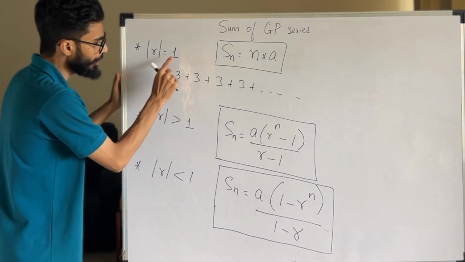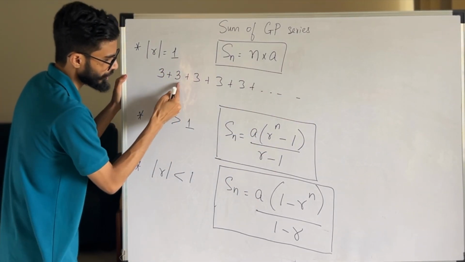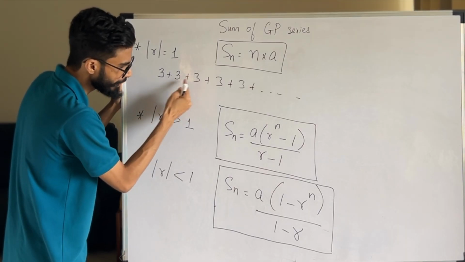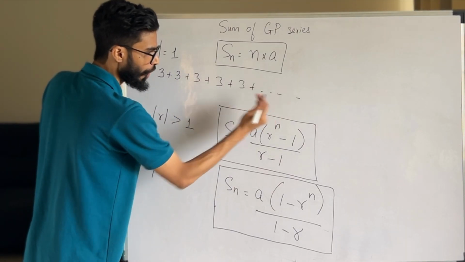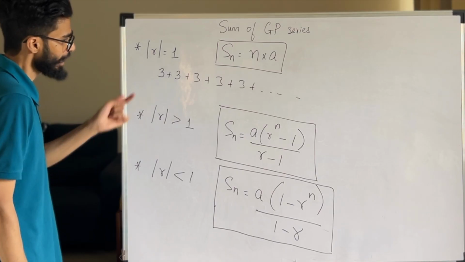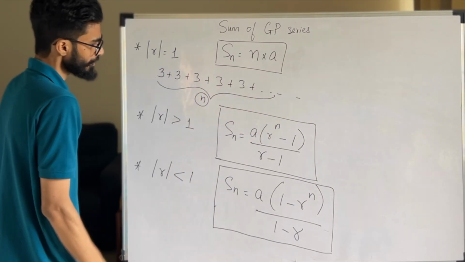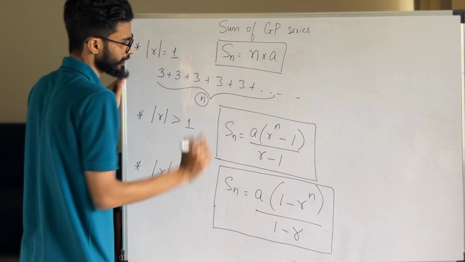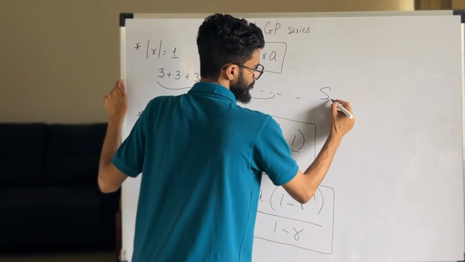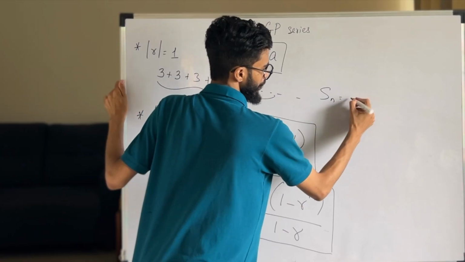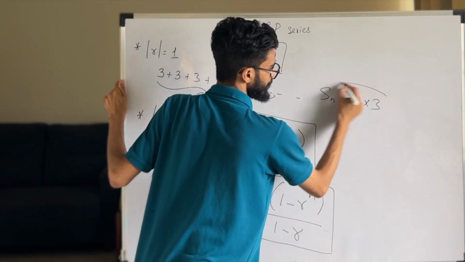Because my common ratio has to come to 1. So 3 by 3 is 1, 3 by 3 is 1, and so on. So if these are my n terms and 3 is my first term, my sum will be n times 3.